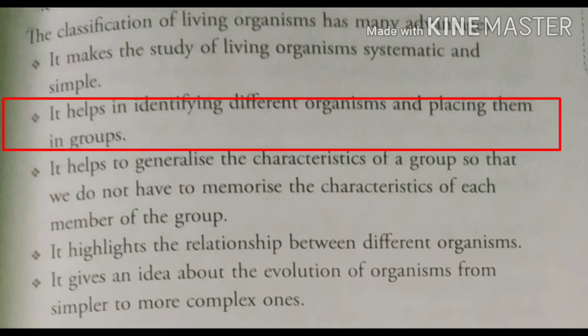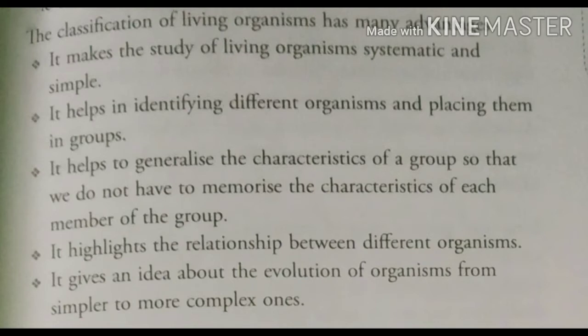The next one, it helps in identifying organisms and placing them in groups. Suppose you find a new plant or a new animal. When you see the characteristics, suppose you find a flower which has the same characteristics as a rose, then I'll place it into the group where roses have been placed, because now my study becomes easier.